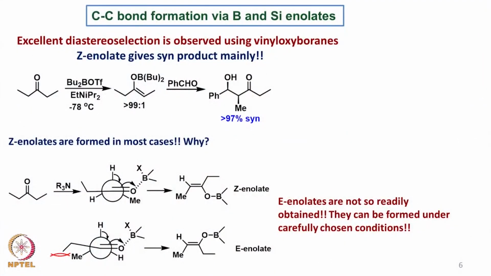Excellent diastereoselection has been observed using vinyl oxyboranes. As we checked before, we can make the enolates the way we want.